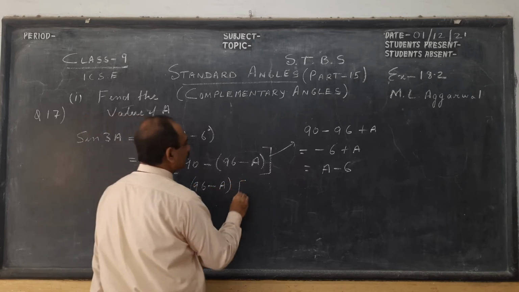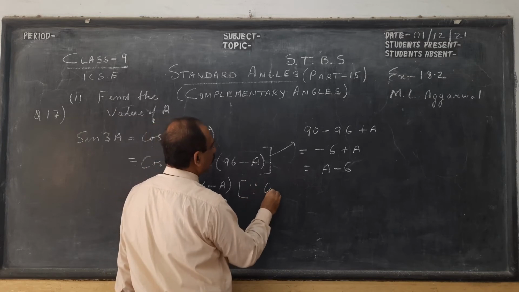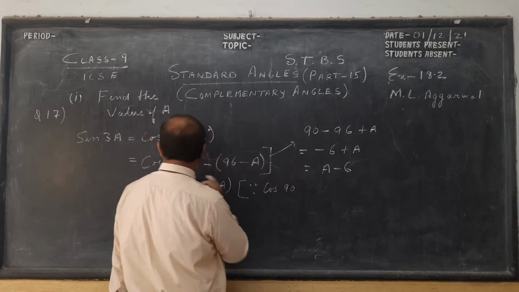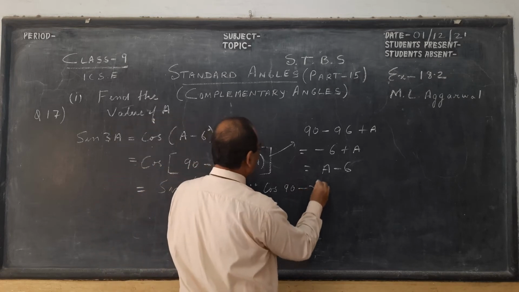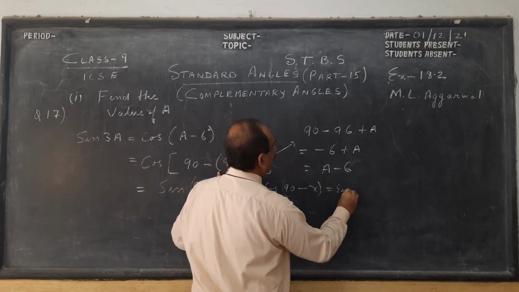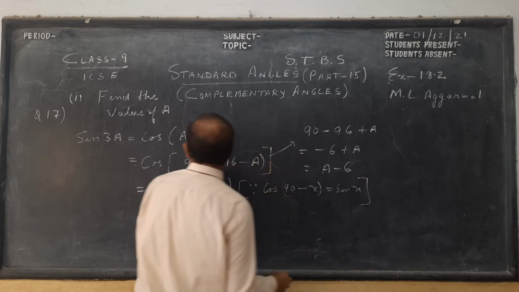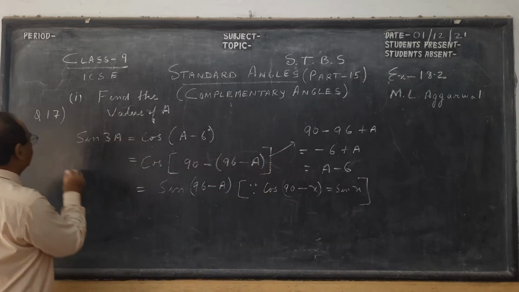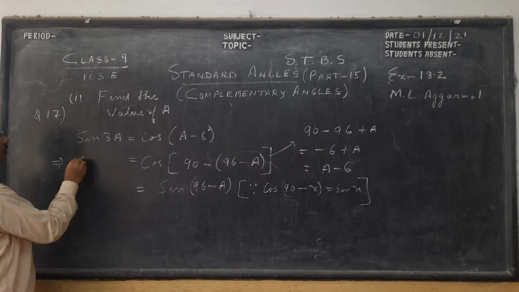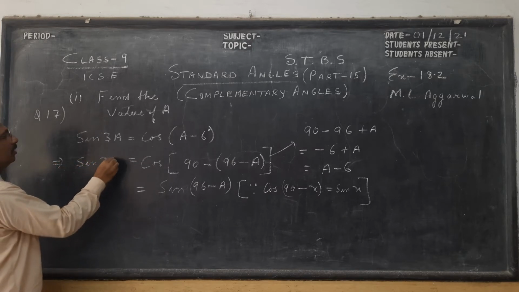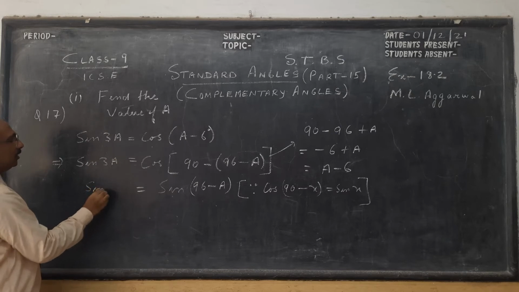Okay, since cos(90 minus theta), this is one angle or x, is sine x. You will say, why do we want sine, children? Because this side is sine. So we can put implies sine, because 1 equal to sine is there, sine 3a. So this is sine 3a.